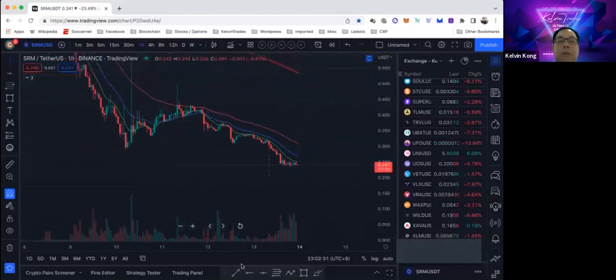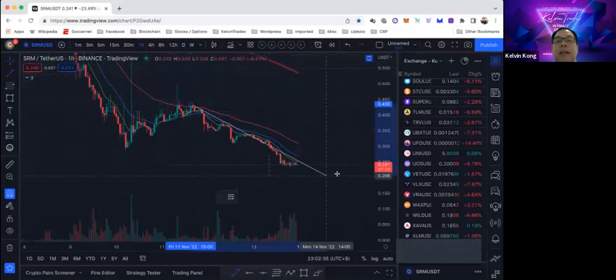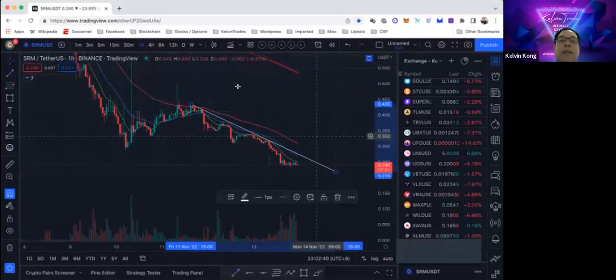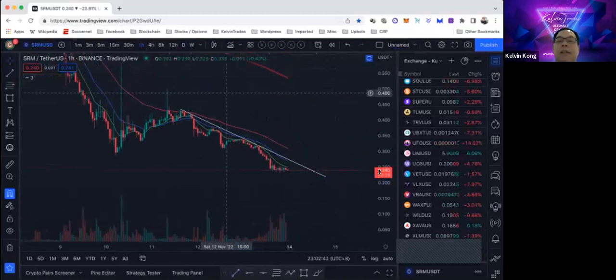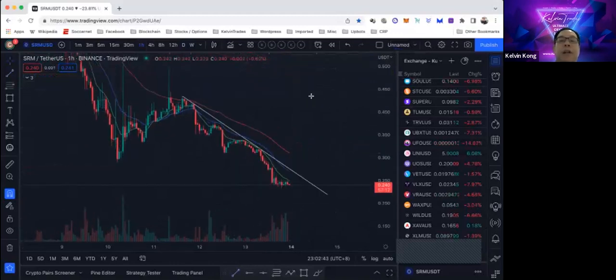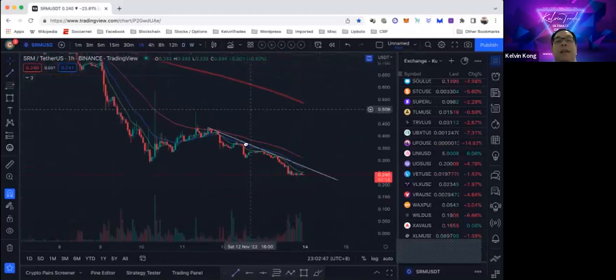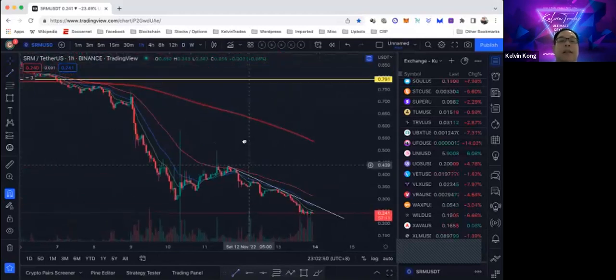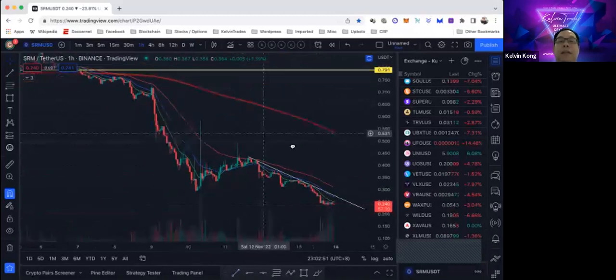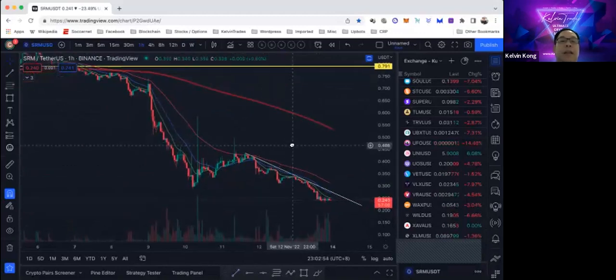So should we long or should we short? Draw trend lines first, and trade according to technical analysis. Once you have your trend line drawn, you know what to do immediately. So what should we do?